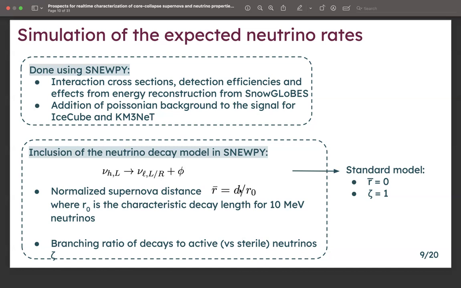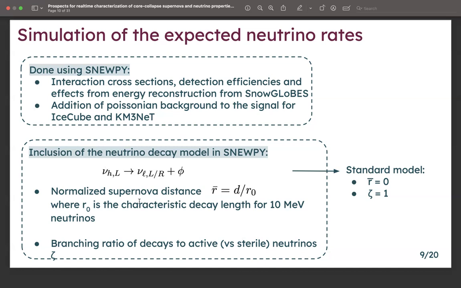So what this model assumes is that a heavy neutrino will decay after a characteristic decay length to the lightest neutrino eigenstate, together with an invisible scalar field phi. Now, this is not completely trivial, but it is possible to simplify this a bit and parameterize it with two parameters.